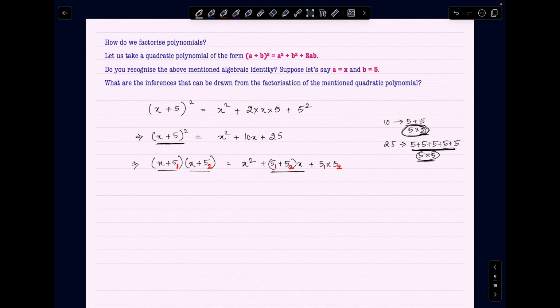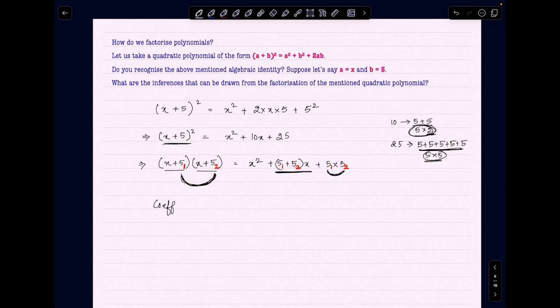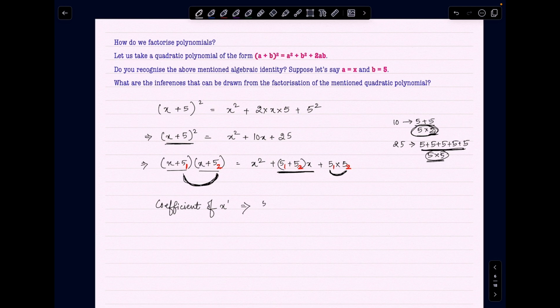In the middle term, that is, sorry, in the coefficient of x, both these numbers, first 5 and second 5, are getting added.